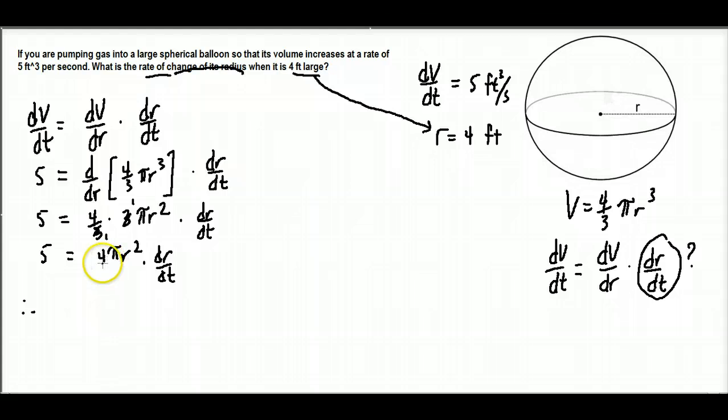And if we divide both sides by 4 pi r squared, we get dr/dt is equal to 5 divided by 4 pi r squared.